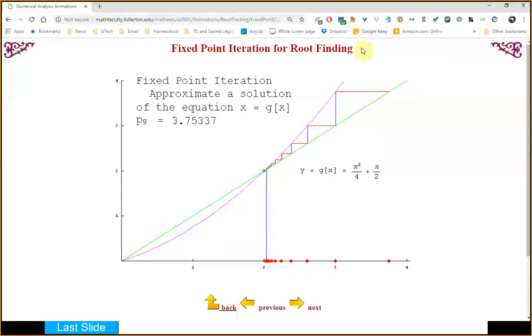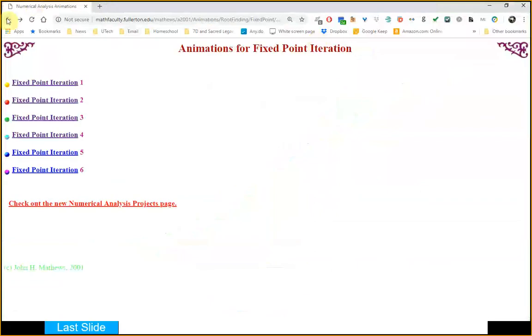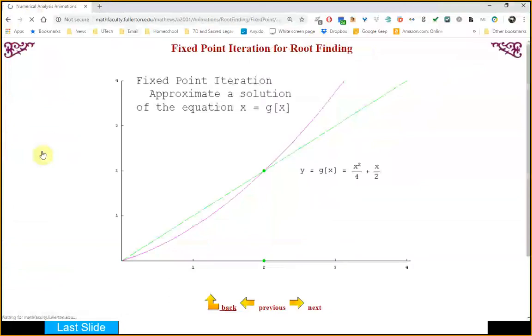Alright? This one is going to go on the other side. Note again, it's going to diverge.